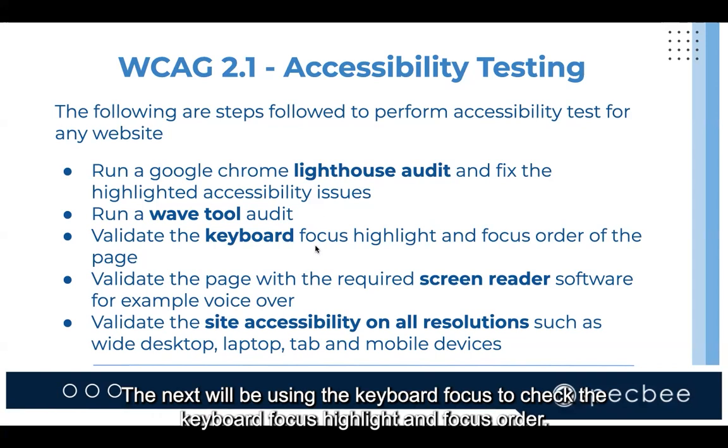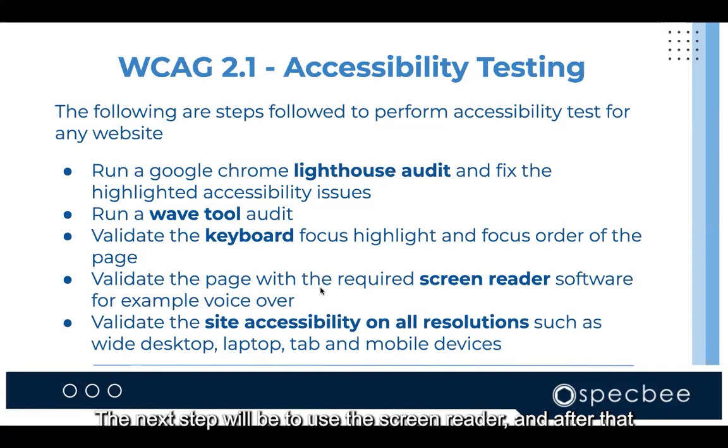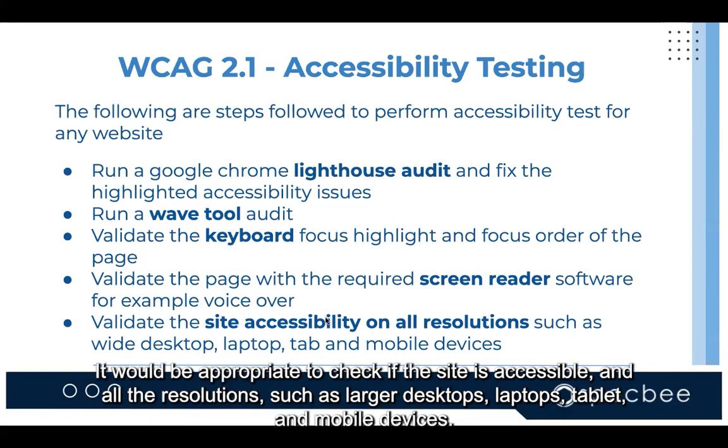The next is using the keyboard focus to check the focus highlight and focus order. The next step is to use the screen reader, and after that it would be appropriate to check if the site is accessible on all resolutions, such as larger desktops, laptops, tablets, and mobile devices.